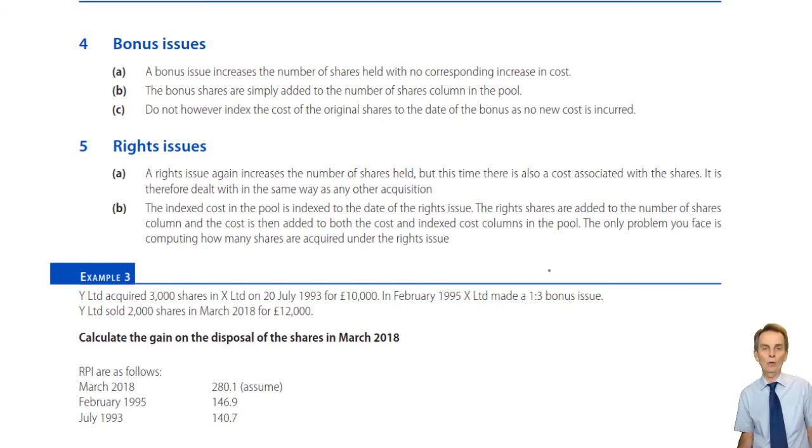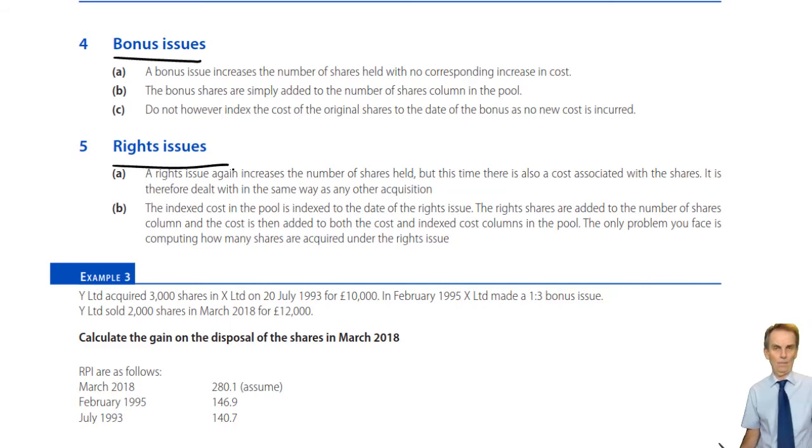They don't want them anymore, I want them, I buy from the other shareholder. That's an acquisition. But we might acquire shares directly from the company that issues more new shares. And those issues can take the form of either, as we should know, a bonus issue or a rights issue.